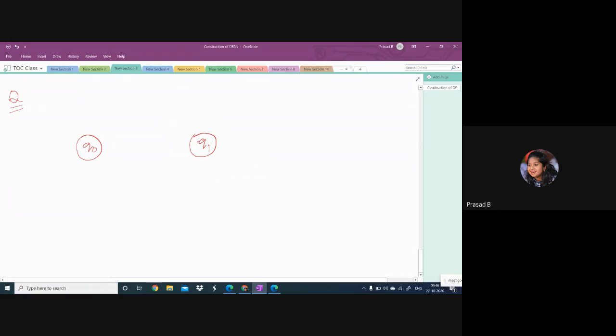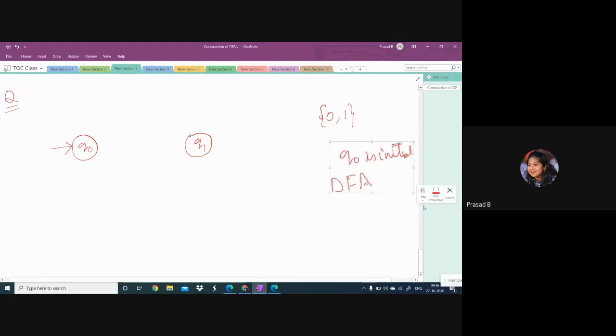Always Q0 is initial, and I'm giving you two inputs, 0 and 1. So you have to construct a DFA. With this data, with this constraint, how many DFAs can you construct?